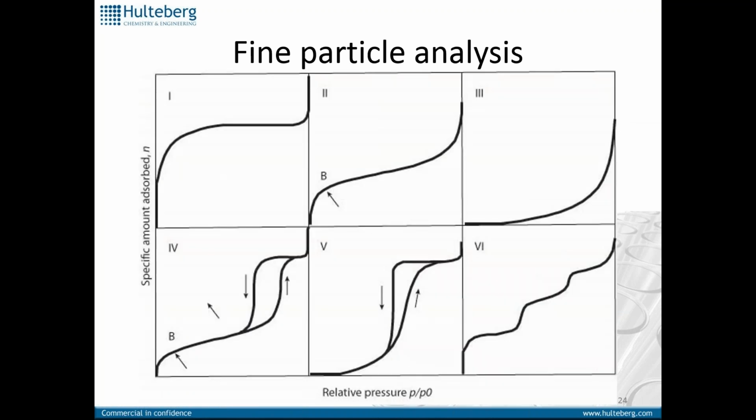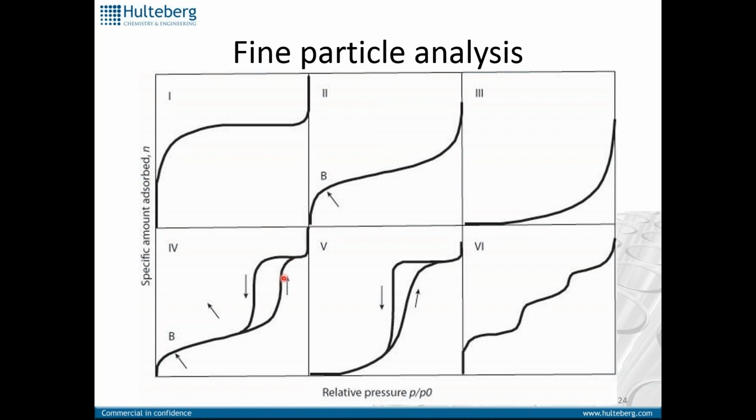And depending on what type of materials we analyze, we get different standard isotherms. We've defined them into 6 standard isotherms, where number 1 here is for solids with micropores. You see this large shoulder here indicates the micropores. Number 2 and number 4 are for solids without pores or with rather large pores.